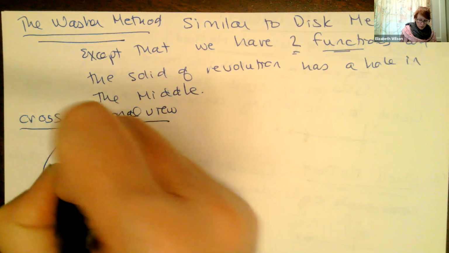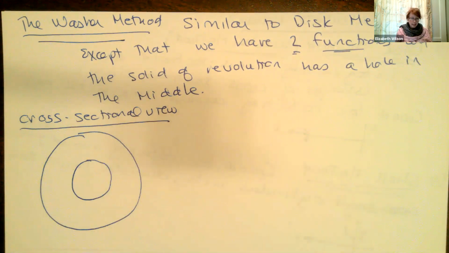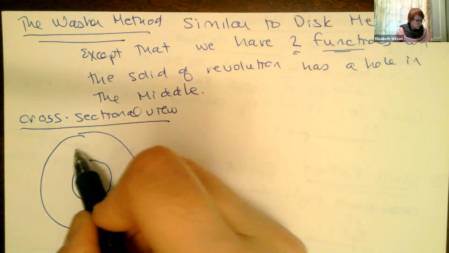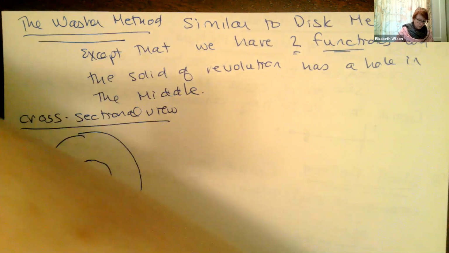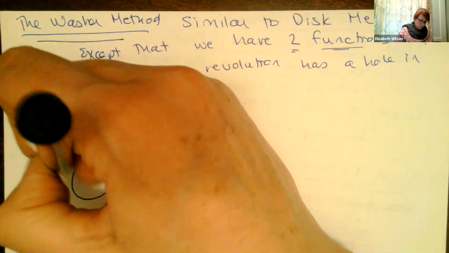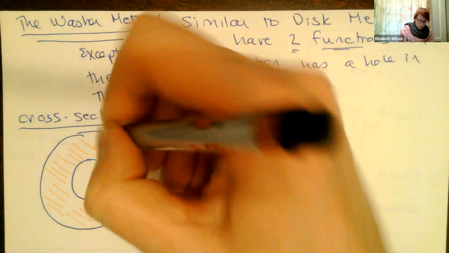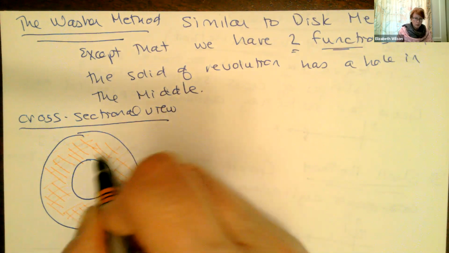So this is like a washer from a hardware store, right? Our washer looks like this. Okay, so like I've got these two functions, I'm going to rotate them both around a horizontal axis. Okay, and what I have left over is this shaded region right here. So I'll do this in orange here. So there's my shaded region, right?